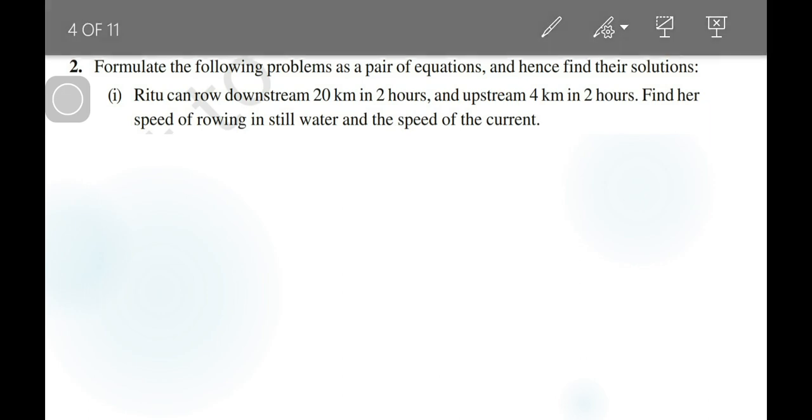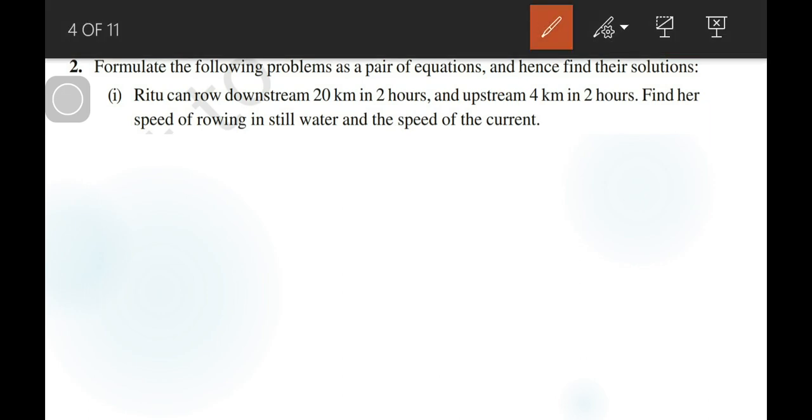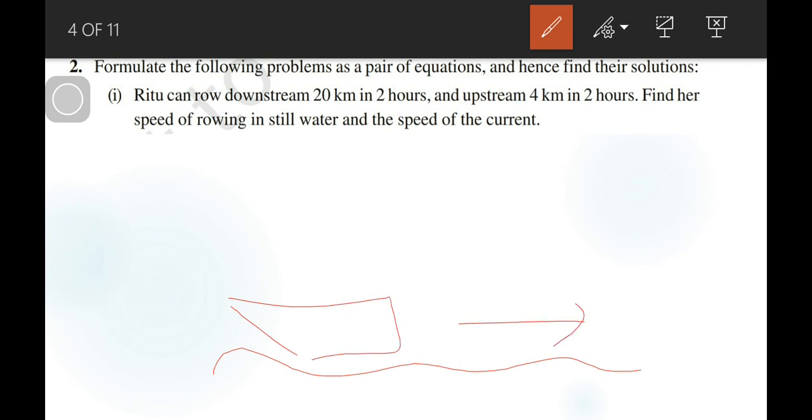Means we know that if a boat goes with the flow, let me assume that its speed in still water is x.